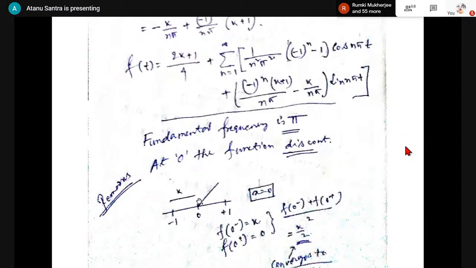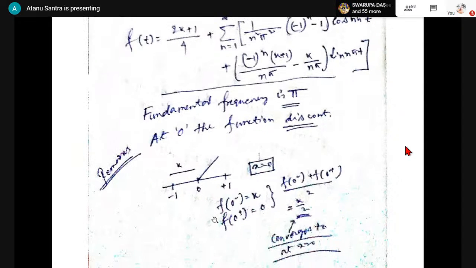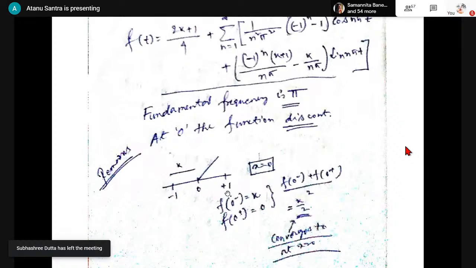This is the imagination actually. But mathematically it can be proved, I assure you. So basically we can physically implement this function, that at t is equal to 0 the functional value converges to f of 0 minus plus f of 0 plus divided by 2.